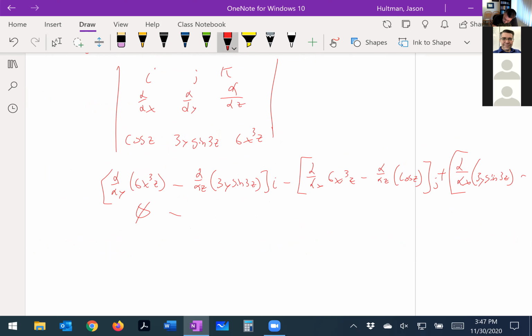So this is a minus 9y cosine 3z i, minus, this is d dx, sorry. So d dx of this is going to be, sorry, 18x squared z.